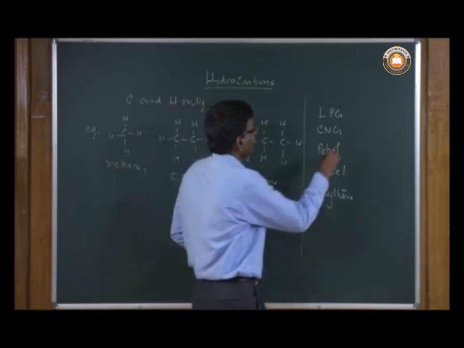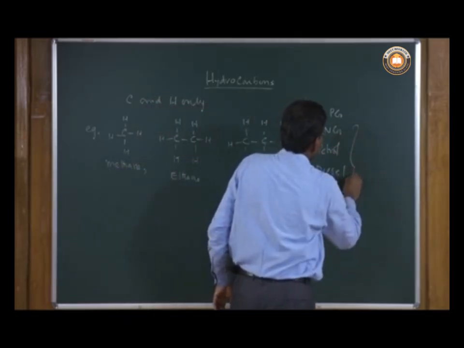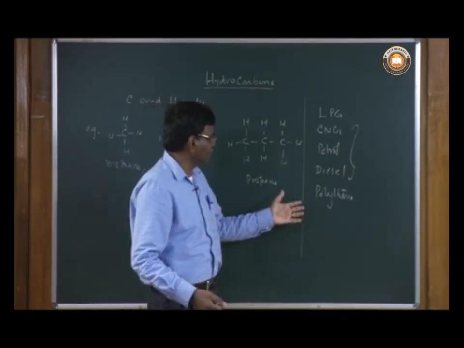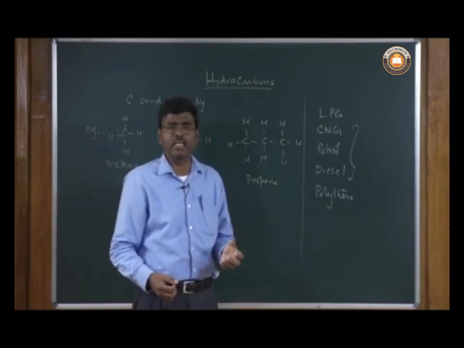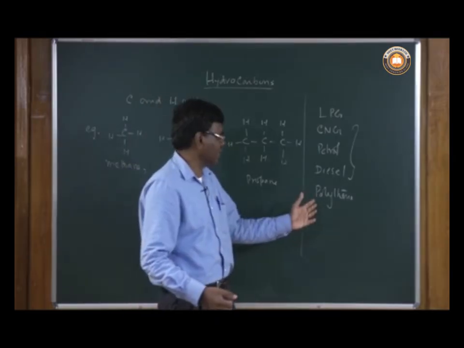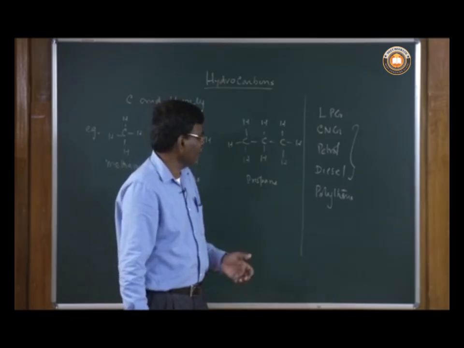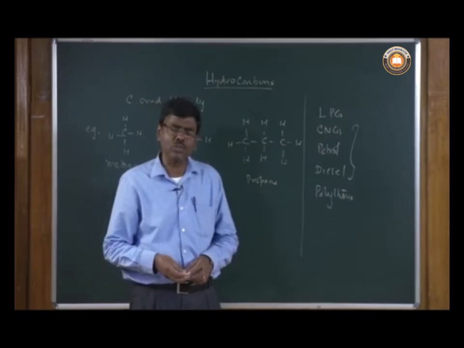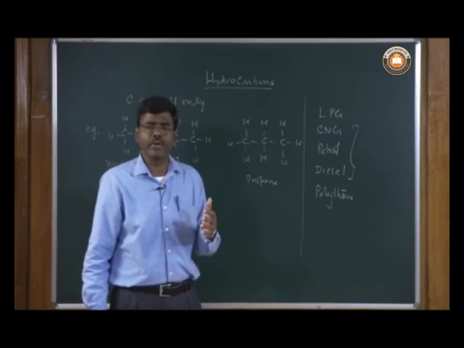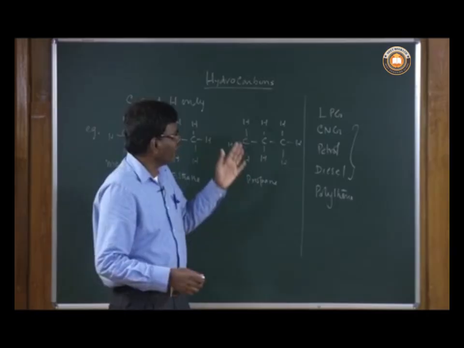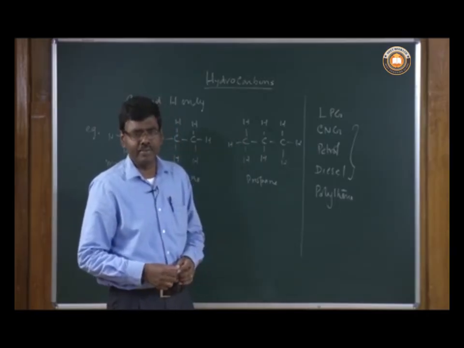We use them as automobile fuels. For the polythene bag, ethylene, a hydrocarbon, is involved in making this material. Similarly, hydrocarbons also find applications in drugs as well as in paints and so on. Therefore, they play a key role in daily life.